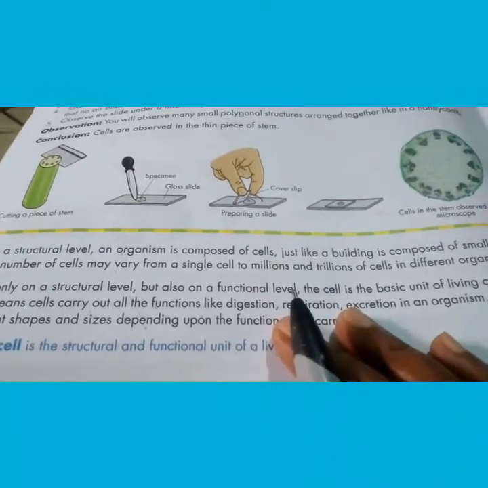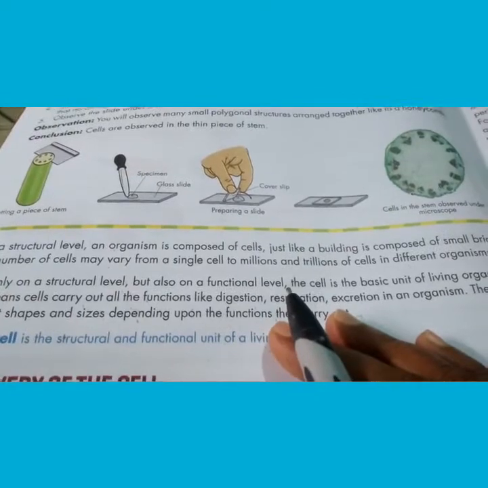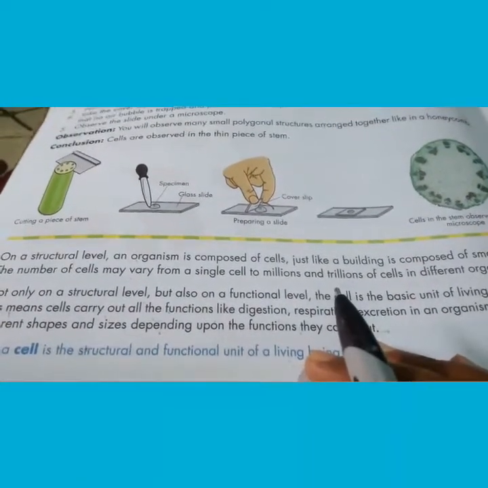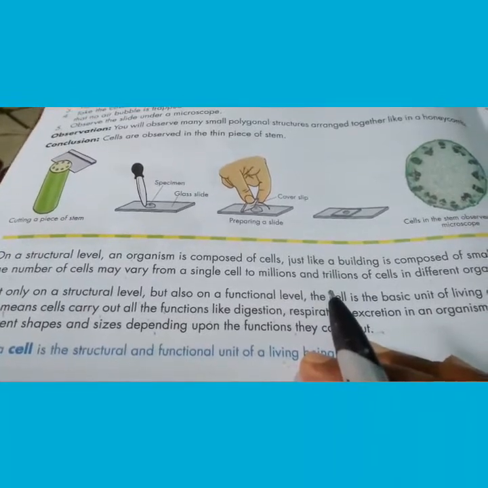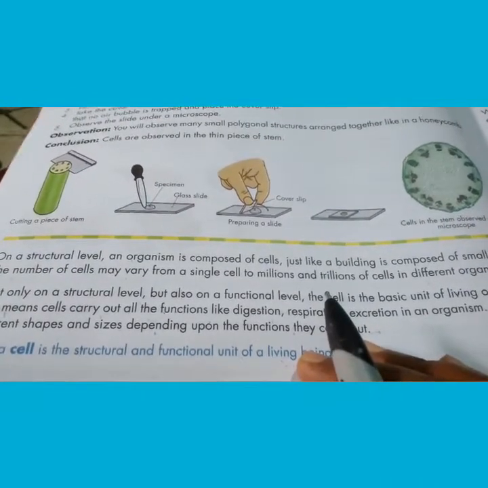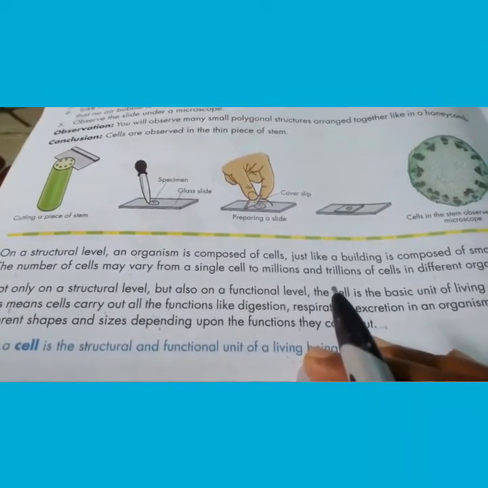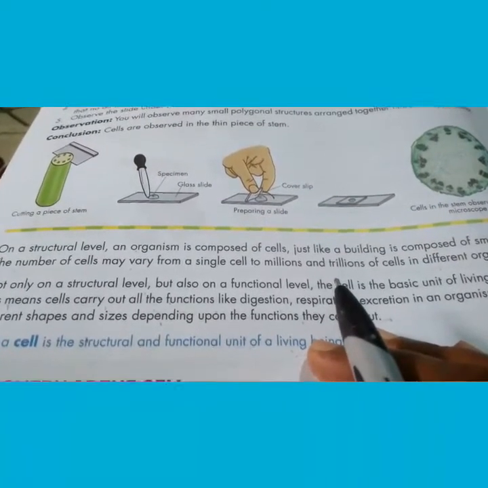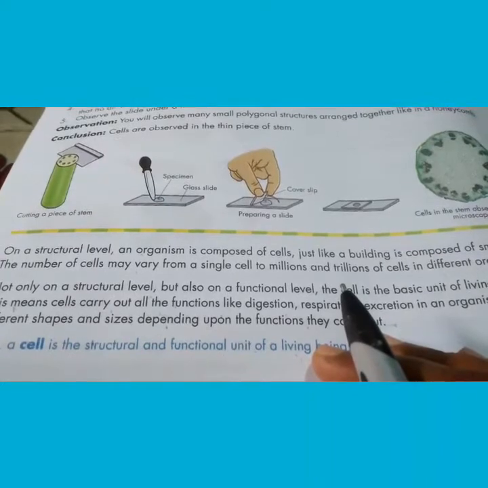So yesterday you studied what a cell is, that is the definition of a cell, what living beings are and what non-living beings are. You have not written the definition of living and non-living correctly.